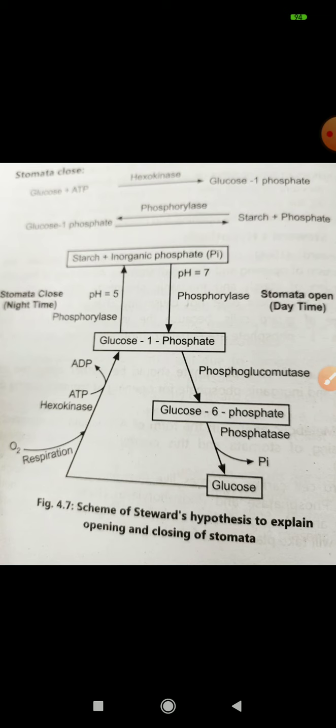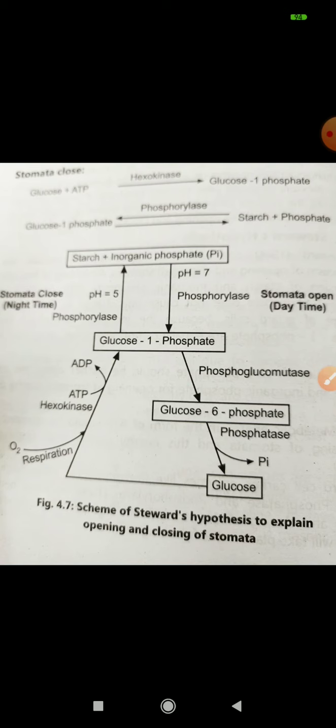This increase in pH of the guard cell makes the conversion of starch into sugar by the enzymes present. This increases the osmotic pressure of the guard cell. Thus, guard cells take up water by the process of endosmosis, and as a result, turgor pressure of the guard cell increases and stomata open.